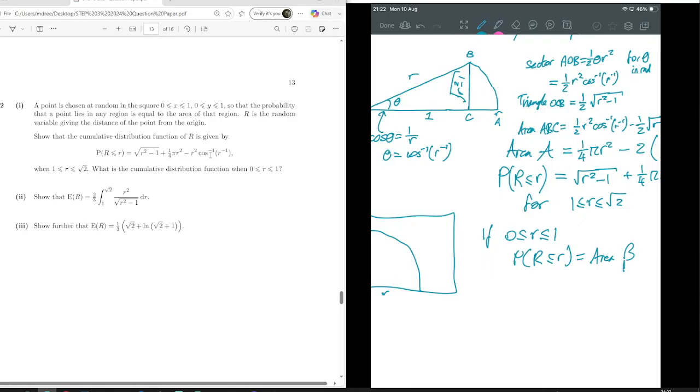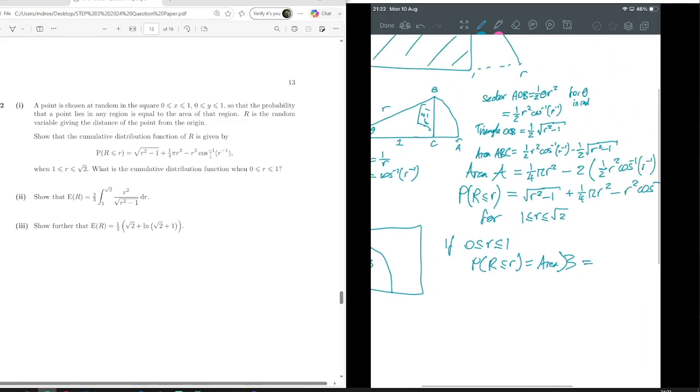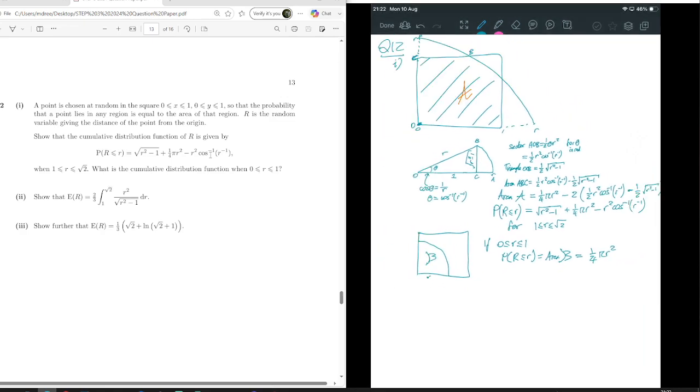The script B, if I'm trying to keep my notation, is something a bit like that. So that's this area here in my picture. And the area of that is just simply 1/4 pi r squared. r's not got big enough to cause any problems. Okay, so that's part one done, which really is just a geometry question at this point.